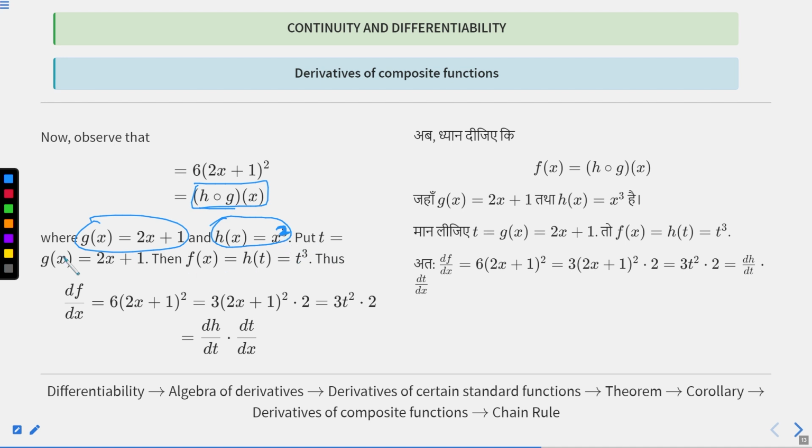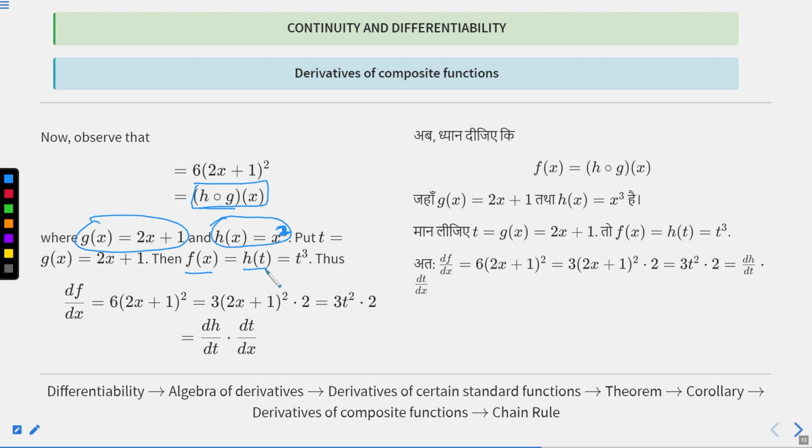Okay, now put t is equal to g(x). Then what will happen? h of x will be h of t.